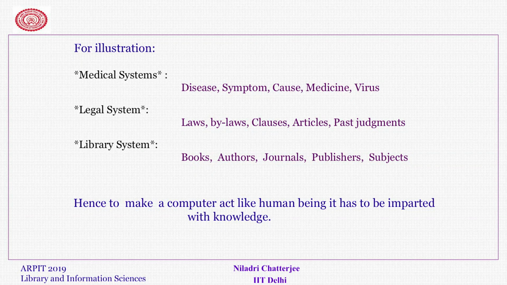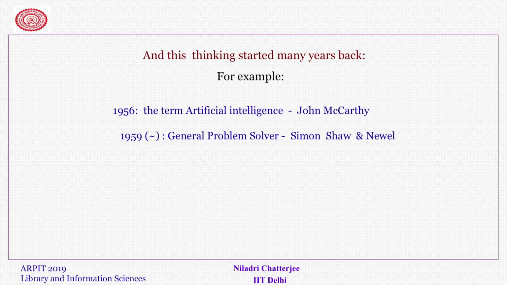All this knowledge needs to be incorporated into the system so that it can function up to expectations. And this thinking started, as I said, more than 60 years back.